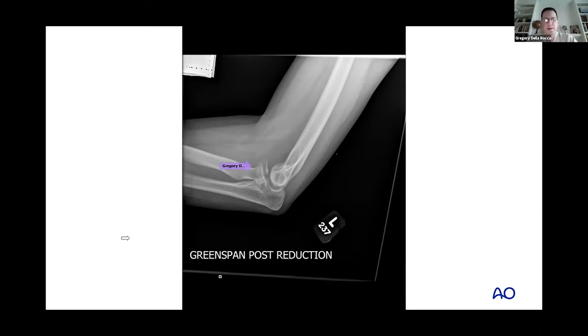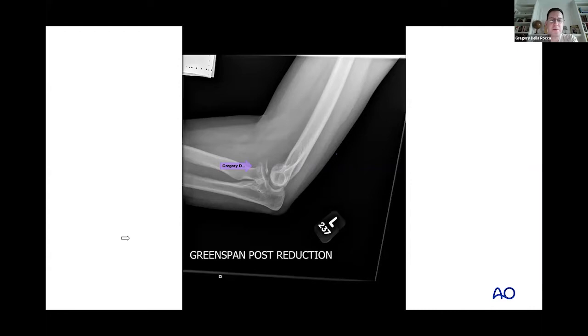I think that we have to be careful about thinking that these are as straightforward as we may think. The coronoid fractures sometimes are comminuted, and the CT scan will tell you that. But you see here that I've put up an arrow, and I'm particularly pointing to the radial head neck junction, which for the part of the radial head, if you look closely, for the part of the radial head that seems to be intact, it actually doesn't really look intact.